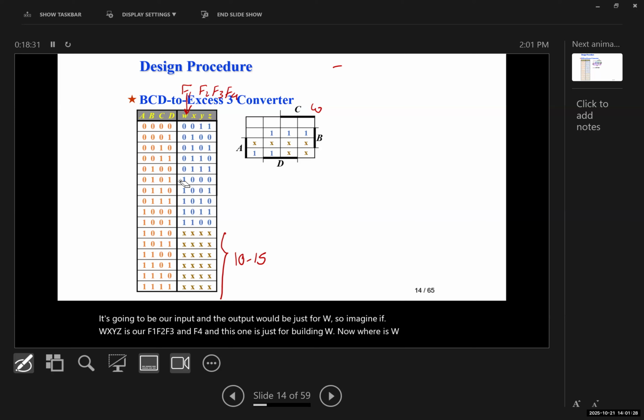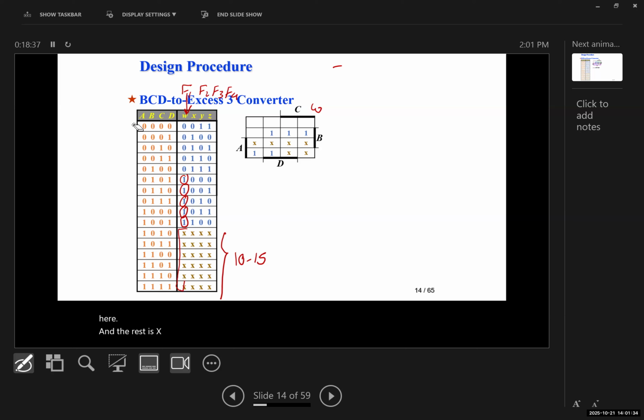I have W1 here, here, and the rest is X. So 0, 1, 2, 3, 4, 5, 6, 7, 8, 9, 10, 11, 12, 13, 14, and 15. Let me write all of them.